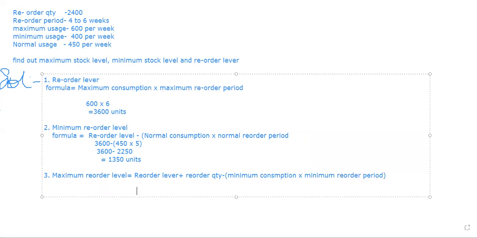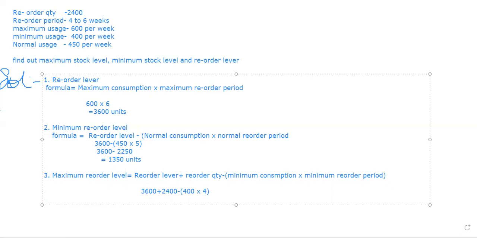Now reorder level is as usual 3600. But here extra we have got what? Reorder quantity, which we gave, 2400. Then minus, how much have we got as minimum consumption? Minimum consumption we got is 400, into the minimum we got is what? Of 4 weeks. So therefore, it is going to be 3600 plus 2400.